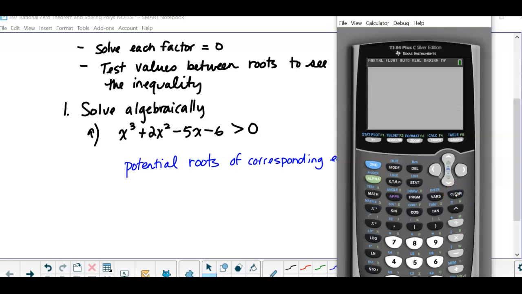So you can graph this: 2x cubed plus 2x squared minus 5x minus 6. I'm going to do a standard window.